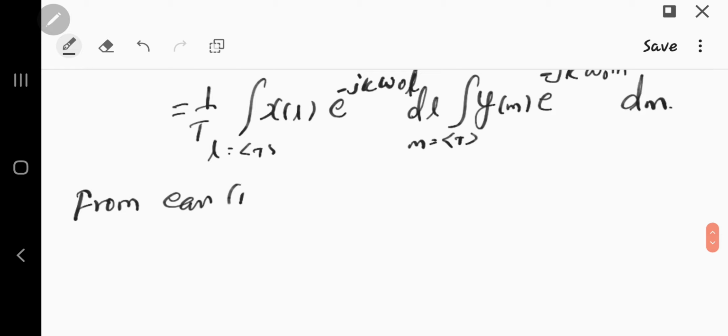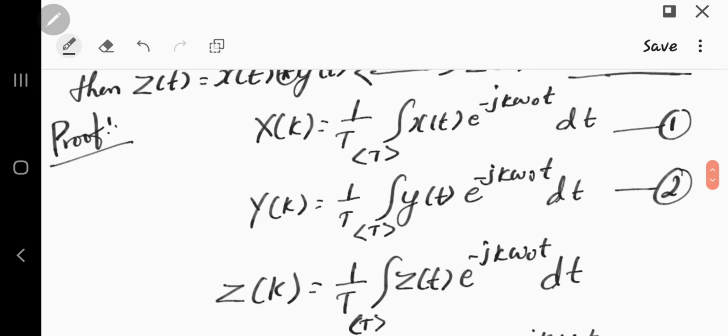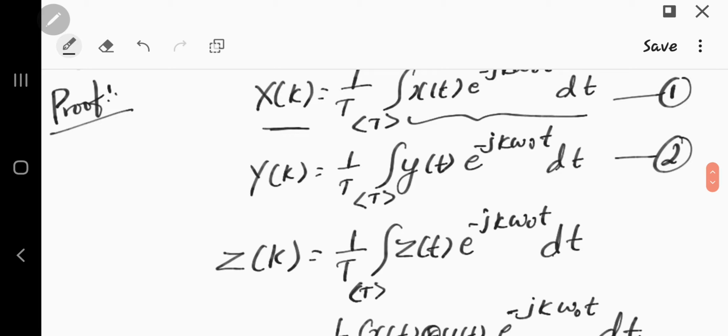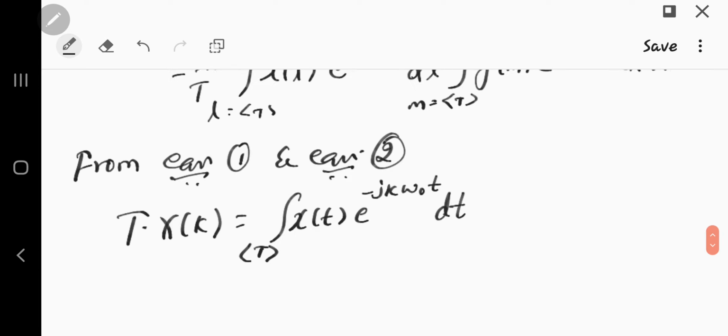From equation 1 and equation 2, so why have I considered this? Observe here, this term x of k is equal to 1 by T integral of this term. Now, if you rearrange this, we can write T into x of k is equal to integral of 0 to T, x of t e power minus j k omega naught t dt, right.